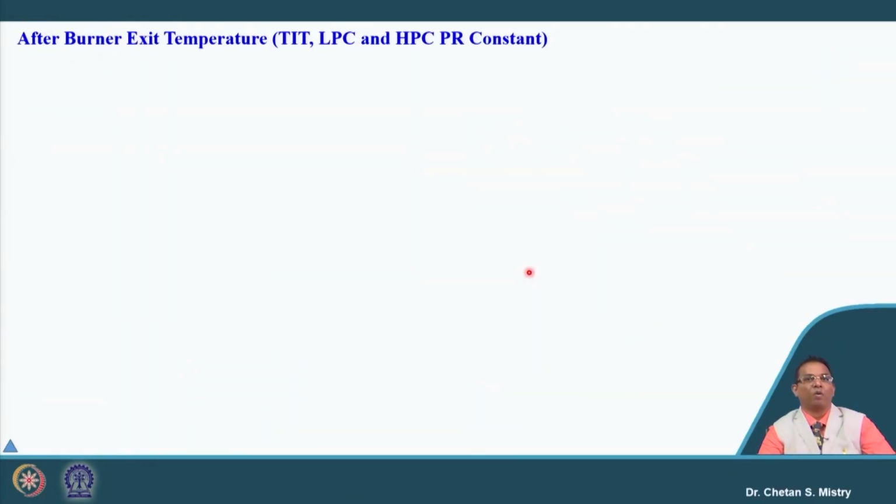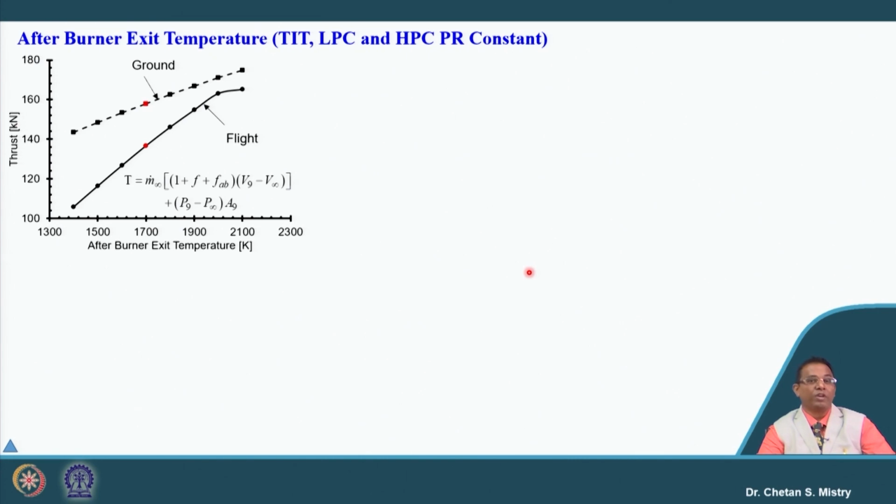Okay. Now, let us look at what is happening with the afterburner exit temperature variation. Here in this case, it says my thrust will be higher for the ground condition compared to my flight condition.